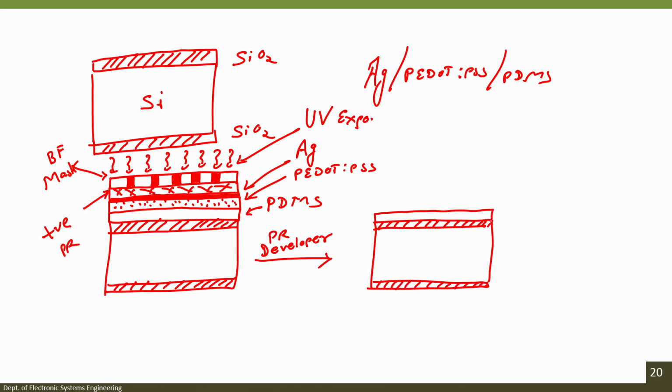Over which there is PDMS, over which there is a thin layer of silver. Is it correct? It is not correct, because on PDMS we have PEDOT:PSS, the conducting polymer. On PEDOT:PSS we have a thin layer of silver.